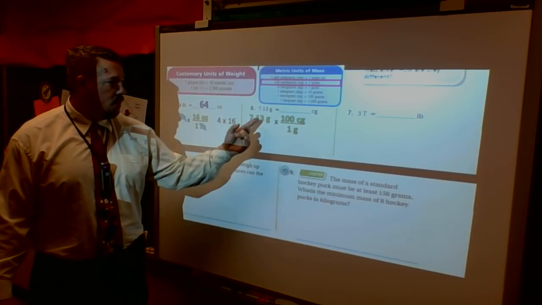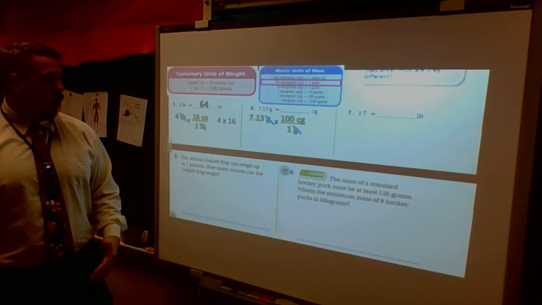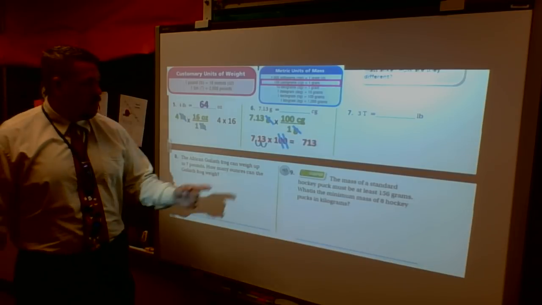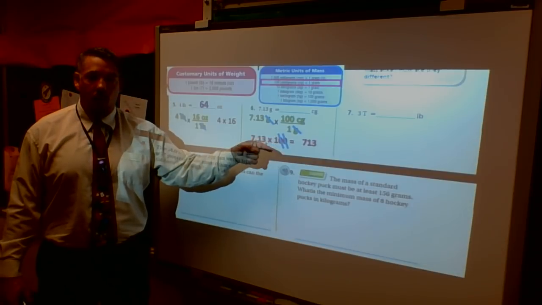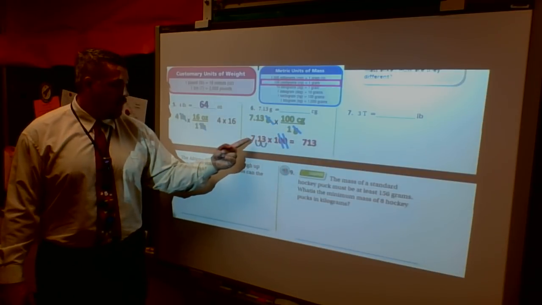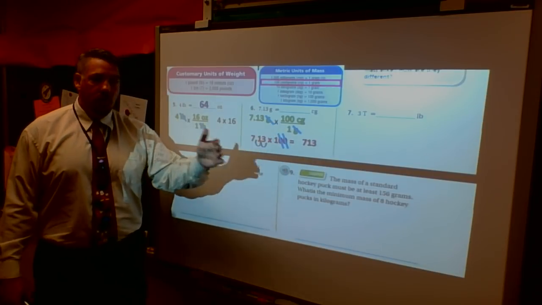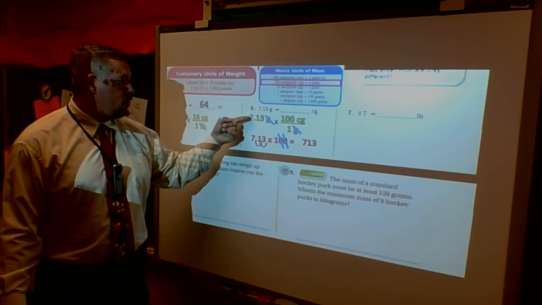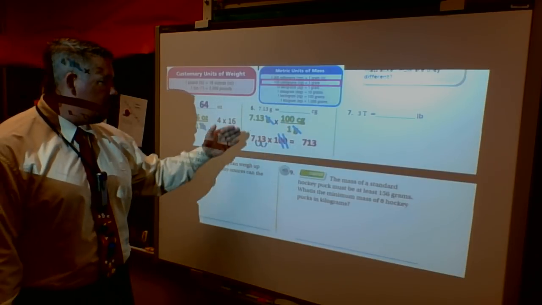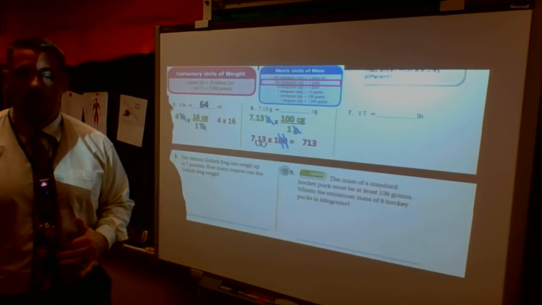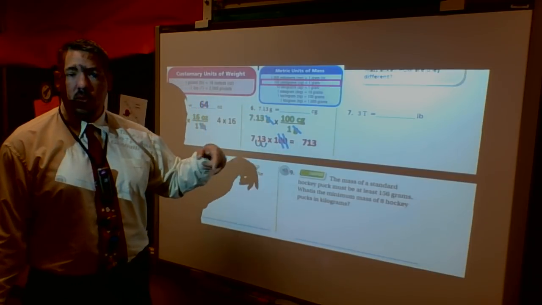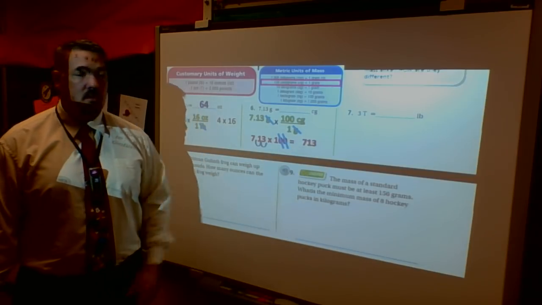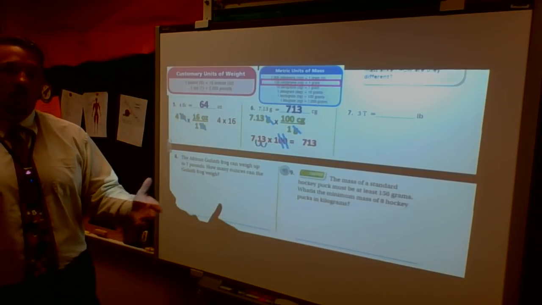That would let me cross reduce and multiply those two, or I could just simply move it by multiplying by 100, which means I have 2 zeros, and I just move it to the right 2 times. Either way, multiplying on my calculator once I set it up, or just shifting my decimal 2 times to the right, gives me that 7 13/100ths of a gram is the same as 713 centigrams.